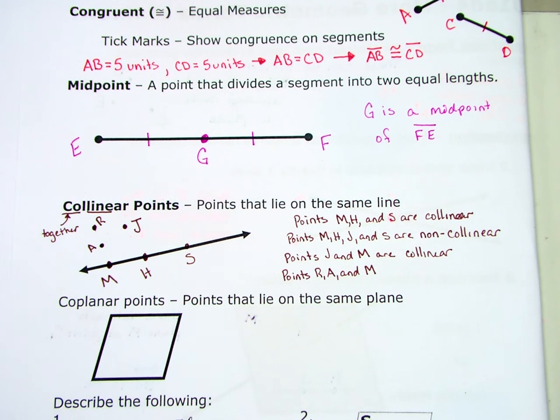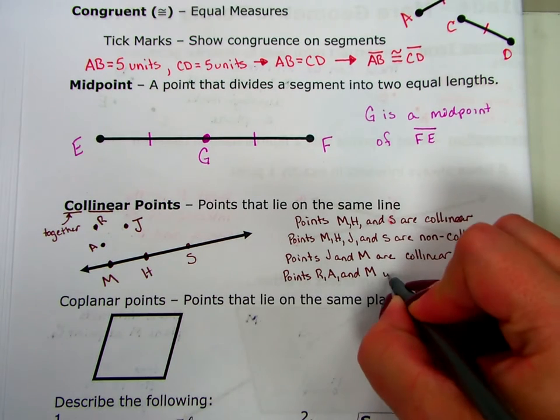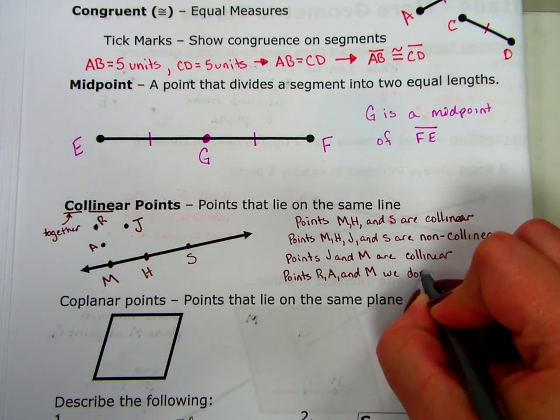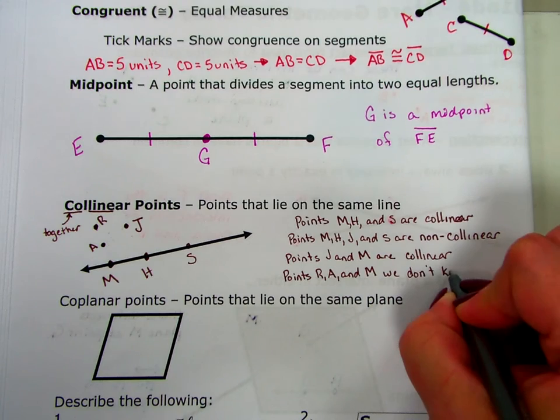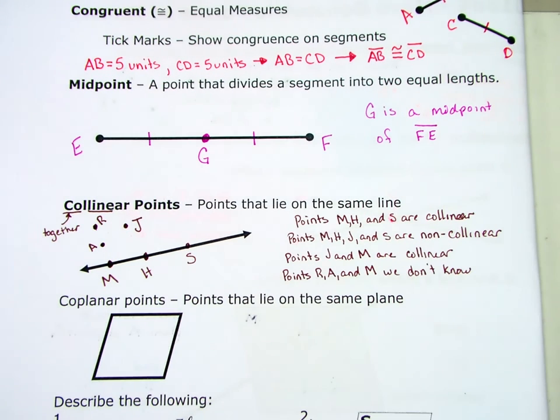But if you have 3 points, we can't for sure say they're collinear. However, we also don't know for sure that they're not collinear. They could be. So for points R, A, and M, we don't know. We need more info. We can't say they're collinear, and we also can't say they're not collinear.